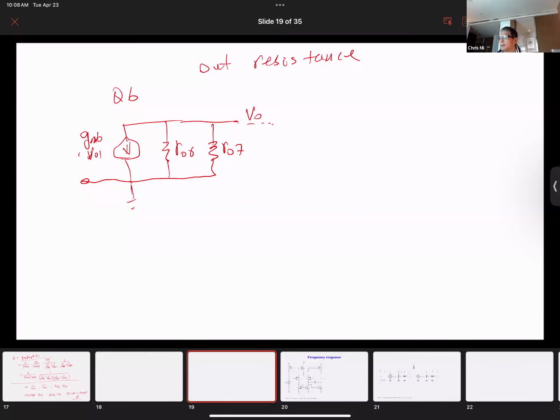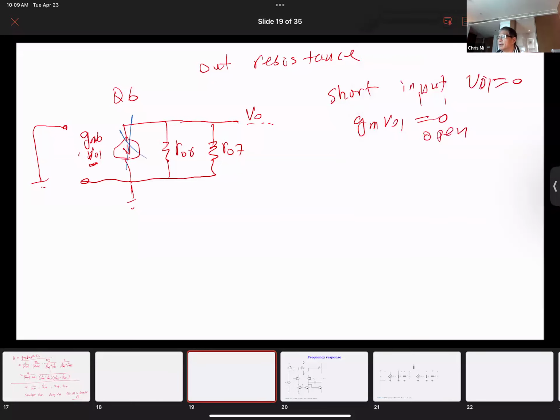When you find output resistance, you would short the input. If you short the input, VO1 you put at 0. So therefore, GM times VO1 is equal to 0, which means open. So really, you have this circuit over here as an open circuit.